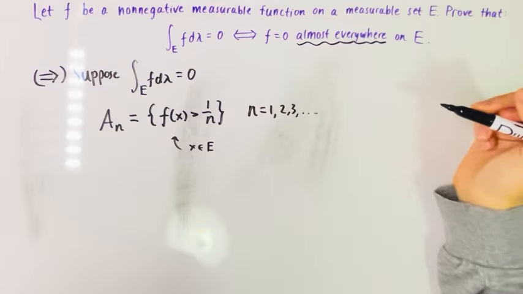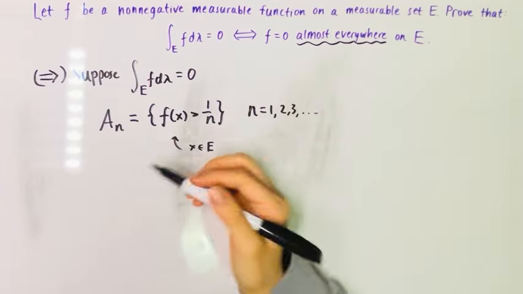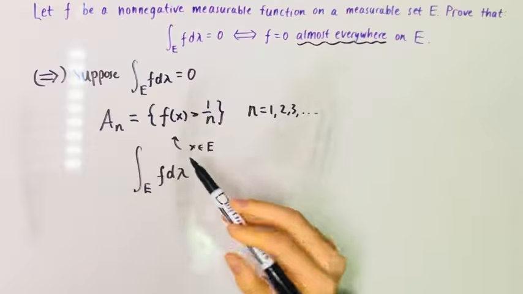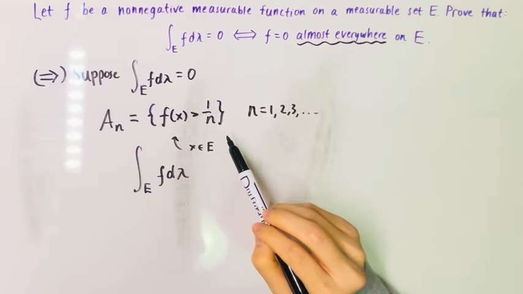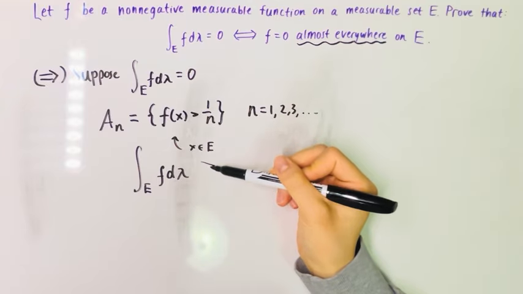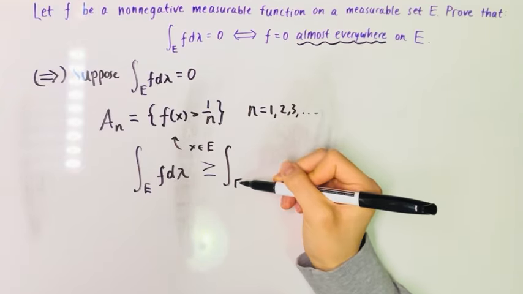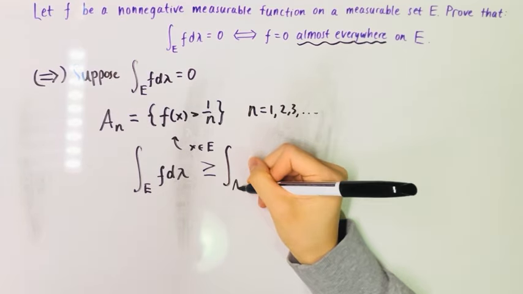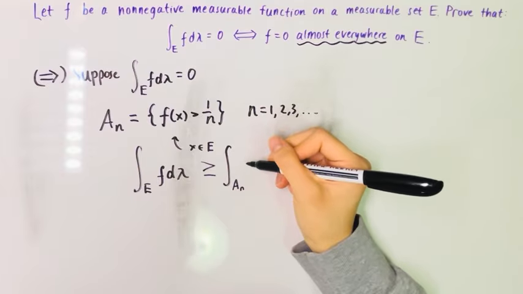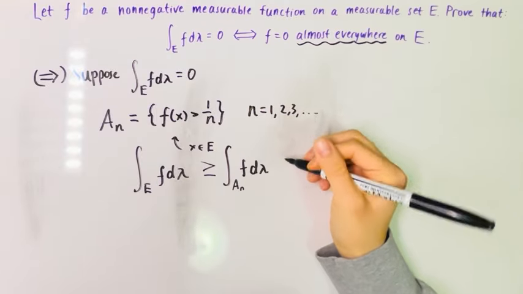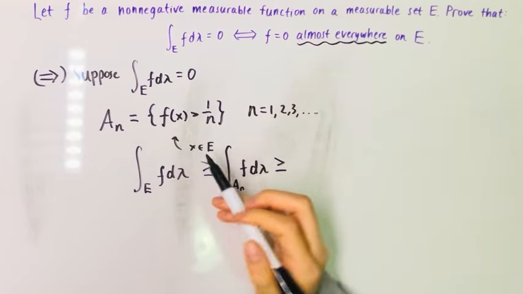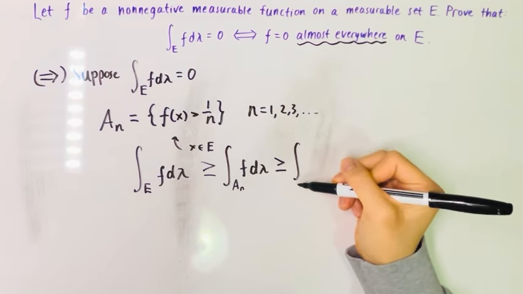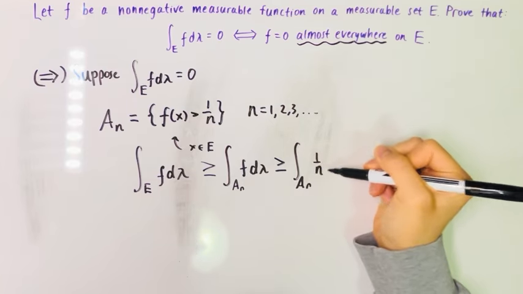Okay, so now we see that since A sub n is a subset of E, the integral over each A sub n is less than or equal to the integral over all of E. And of course, since all of these A sub n's are the values at which f of x is greater than 1 over n, we can bound this below by the integral of 1 over n.